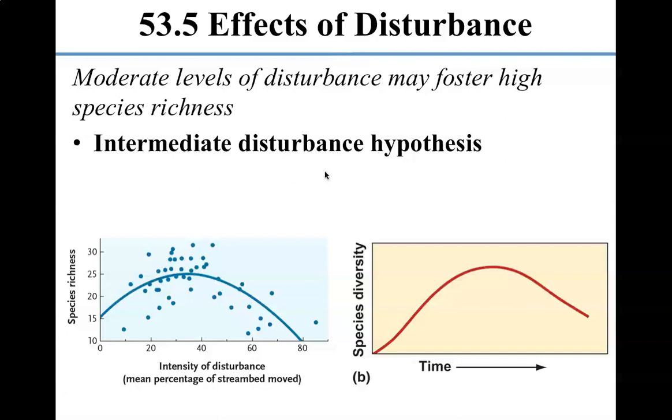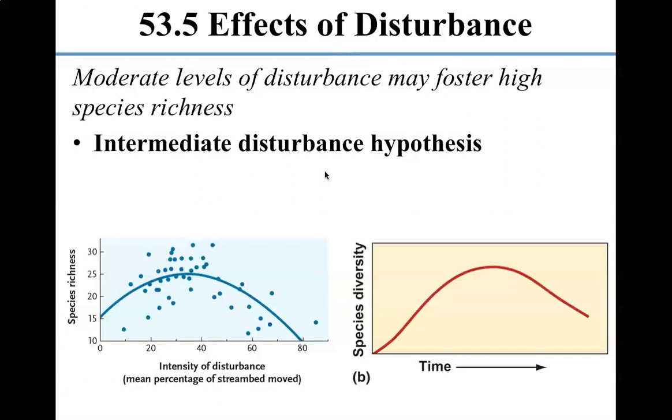And it's the same with disturbance intensity. If there's a high intensity disturbance, like a glacier, or a low intensity disturbance, like a lame forest fire, then that's not going to achieve as much diversity as if the disturbance is of an intermediate level.